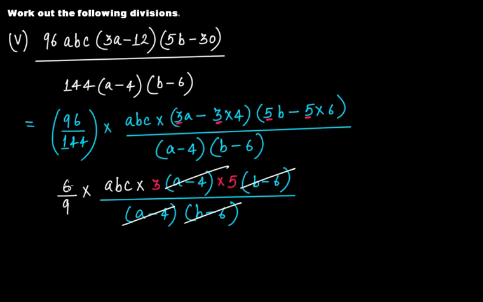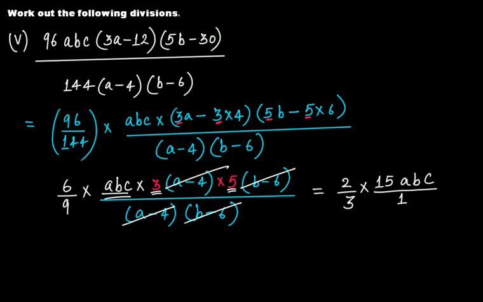So if you divide both the numerator and the denominator by 3, you get 2 by 3 multiplied by 3 multiplied by 5, which means 15, and you have ABC, so 15ABC. This is basically divided by 1.